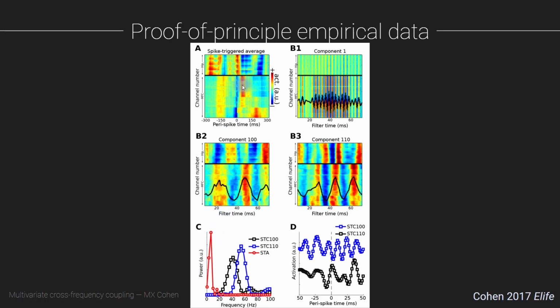These data aren't wrong, but underlying the spike-triggered average is actually pooling over a lot of distinct spatial temporal patterns that are really there in the data, but are just averaged over, and so they're kind of invisible in the spike-triggered average. So there's a lot of other dynamics that can be recovered from these data by using this multivariate analysis approach.